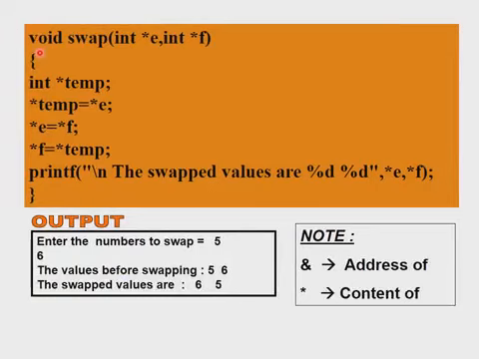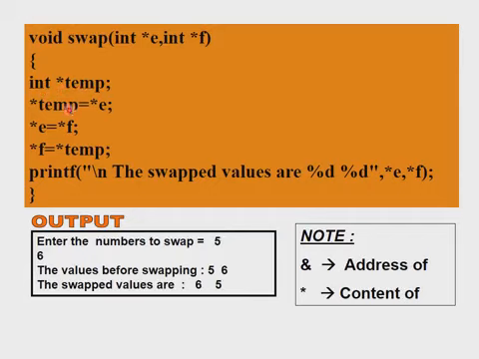To define the swap function, we use void swap, and we have pointers here: integer pointer e and integer pointer f. So e and f will have the actual memory locations of the previously defined a and b. We will swap these two numbers using one temporary variable, which is also an integer pointer.